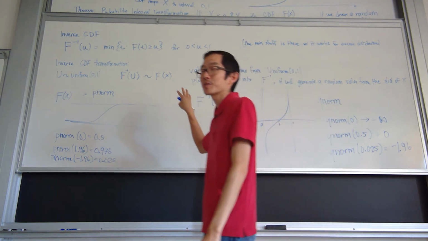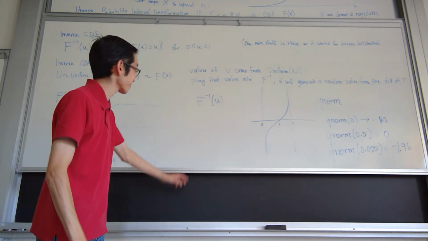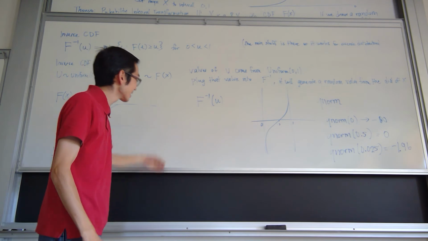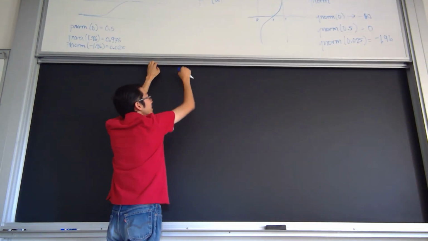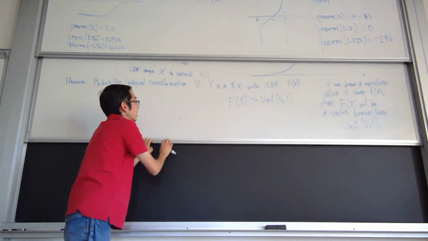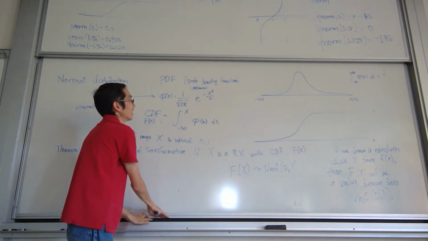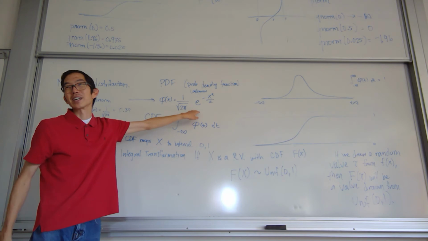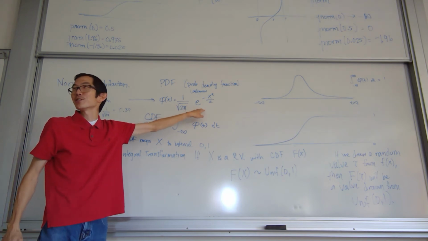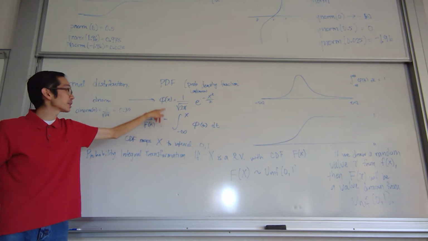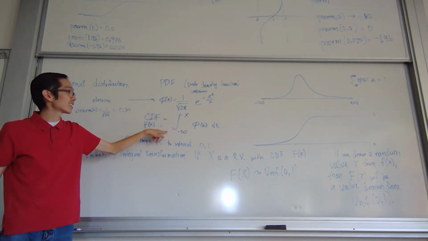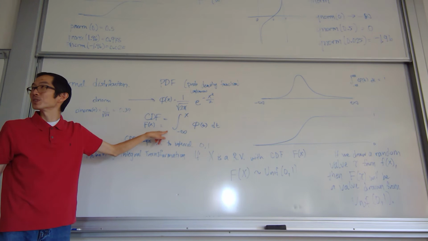So, disclaimer, the inverse. I never actually showed any math, right? I just wrote the PDF here, and then I said the CDF is this. The disclaimer is that there isn't a closed form solution to this.